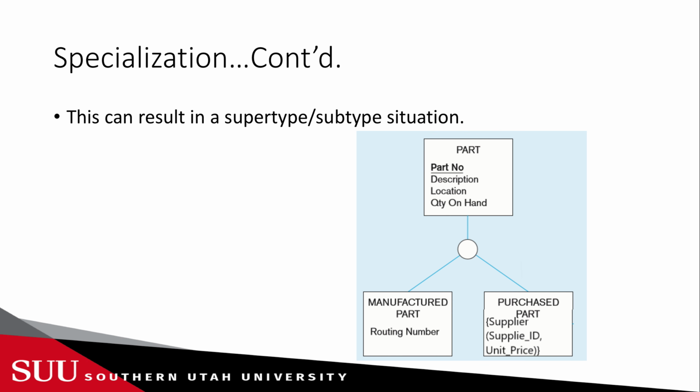Again, for generalization, we had multiple entity types that can fall under a general one, so we generalize. In the other case, for specialization, we had an entity type that has some instances that can fall under one category, and other instances that can fall under another category, and that is why we moved into a subtype-supertype using specialization.